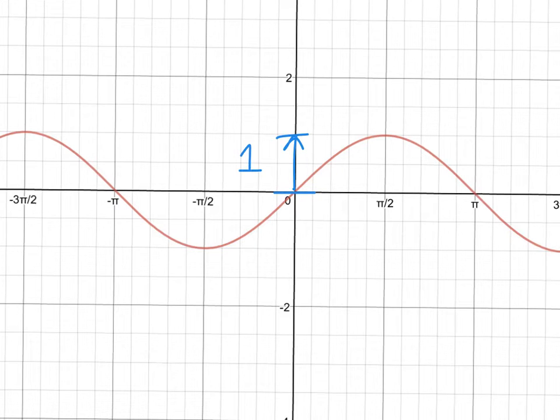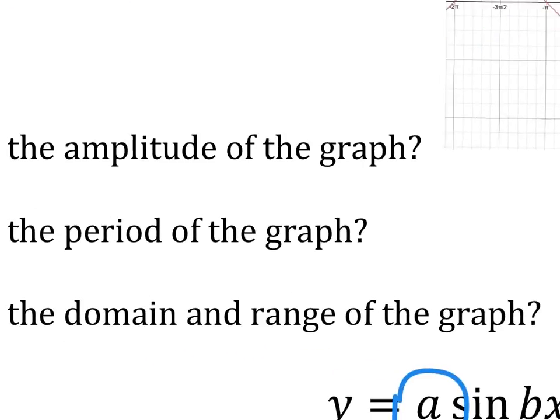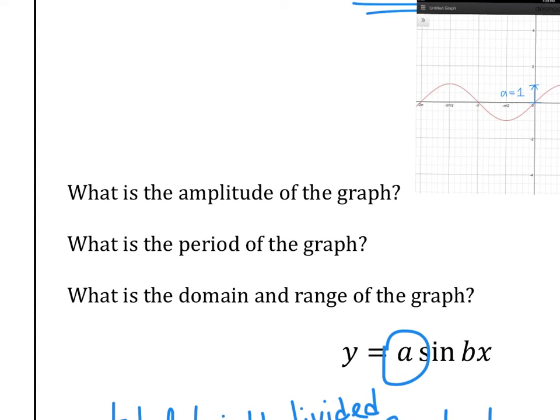So basically, how high is this? It is 1. So amplitude is 1. And amplitude, because it's a height, is always an absolute value, meaning it's just going to be a length. And length, we never talk about negative. You're not negative 5 feet tall. You're not going negative 10 feet away. So it's always positive. All right, so in this case, the amplitude is 1.